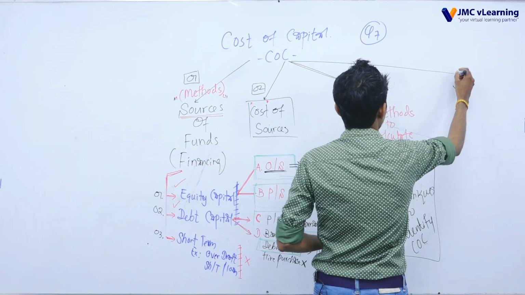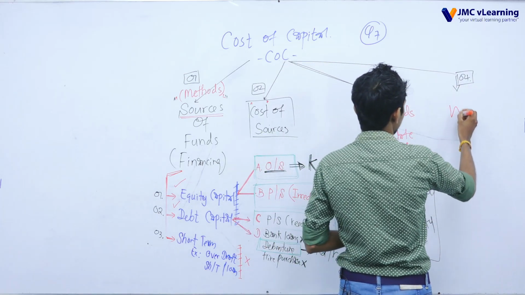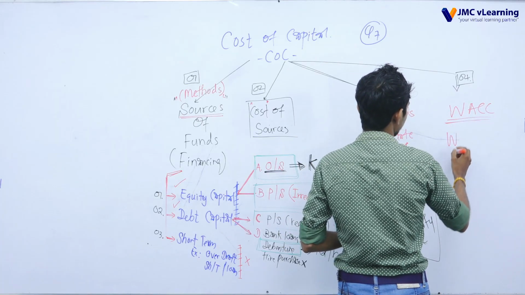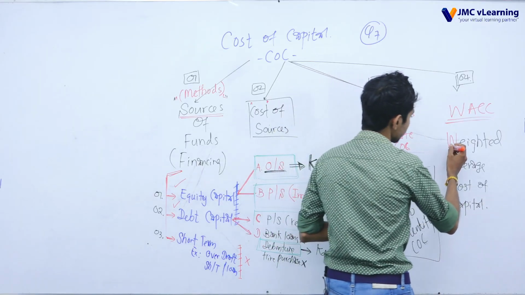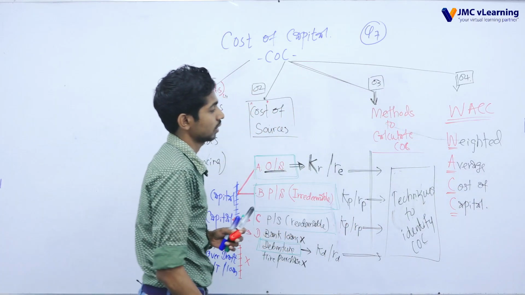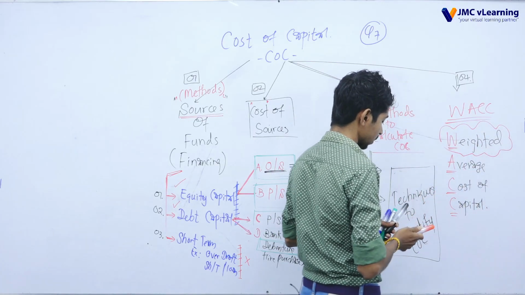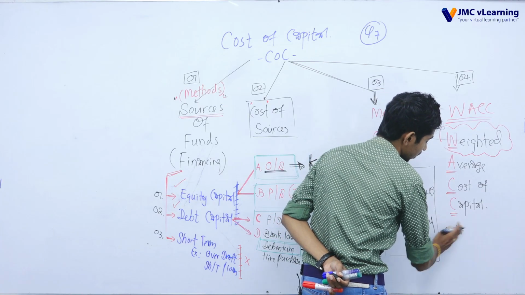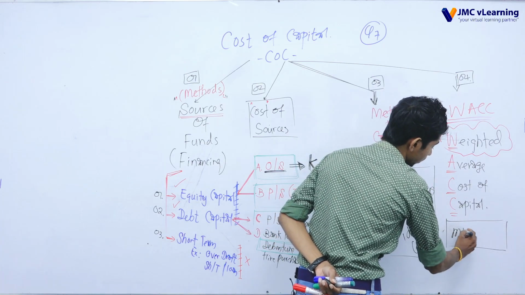Then the last discussion, this is the WACC, weighted average cost of capital. We take the first letter of each word, and that's why we call it the WACC. That means we have to weight based on what? That is the main thing. Normally we calculate the WACC based on market information.